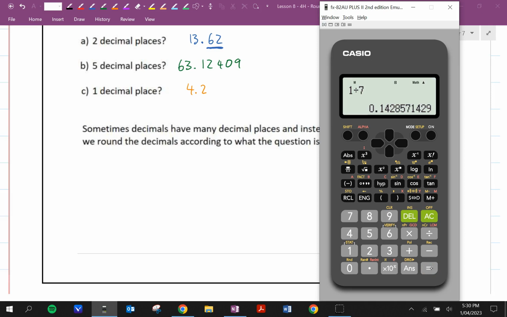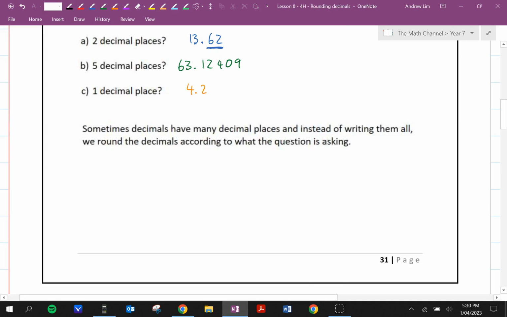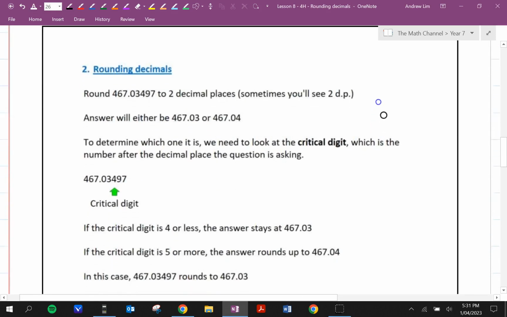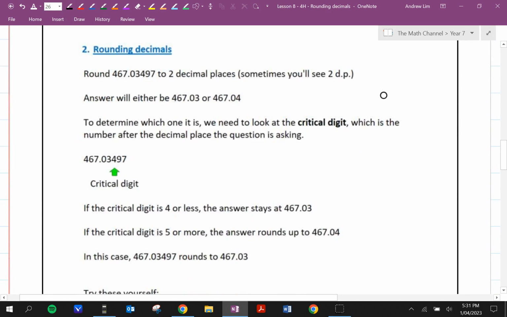So sometimes the question will just ask you to write it to two decimal places, just round it. So in this case, it would be 0.14.